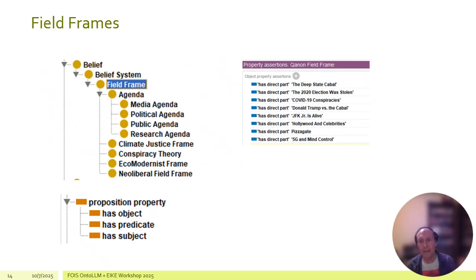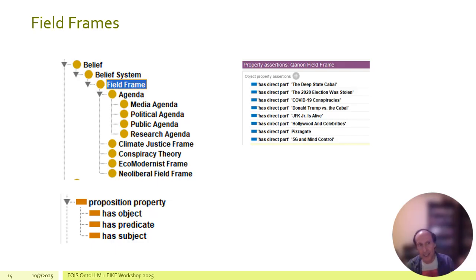And the final concept that we implemented is something called a field frame. This is also from some of Brulé's work. And a field frame is essentially a kind of belief system. And for this, I used some previous work that I did to represent beliefs in a social science ontology I created a few years ago.